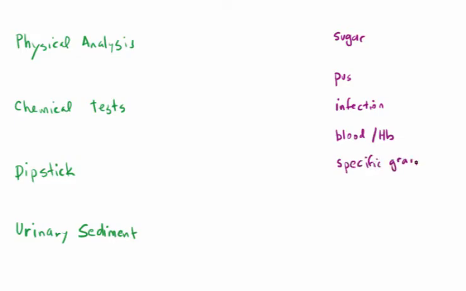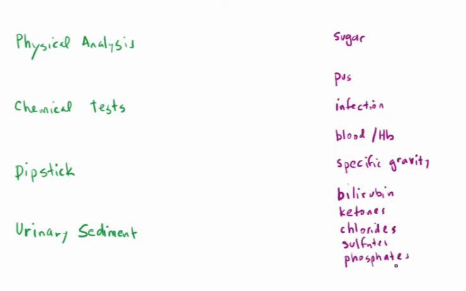Specific gravity might vary, and it also might be an indicator of how effective your kidneys are at concentrating the urine. We'll be looking for other things like bilirubin and ketones. And we've got the inorganics like chlorides, sulfates, phosphates. And then we've got a whole set of things that we'll be looking for in the context of a urinary sediment, things like cells, casts, and crystals.